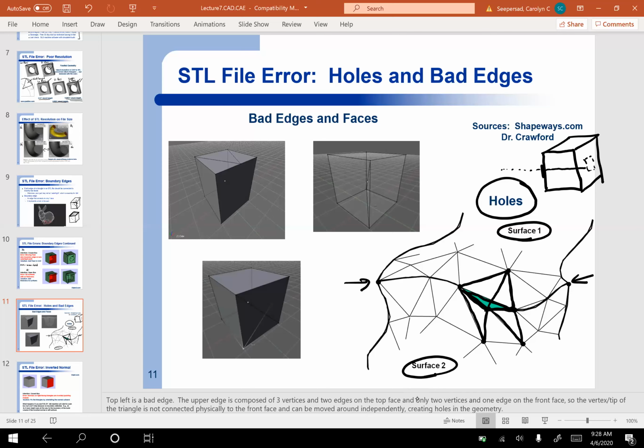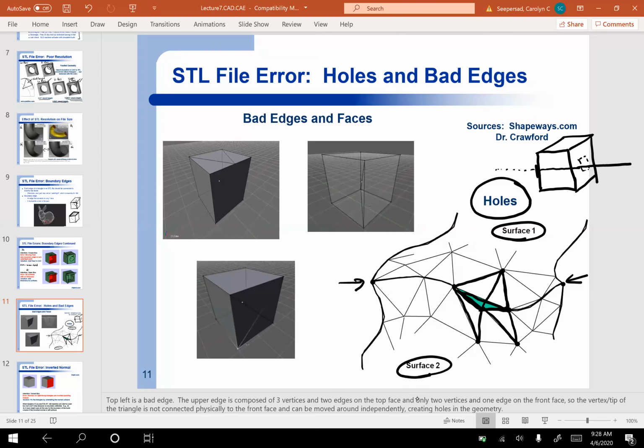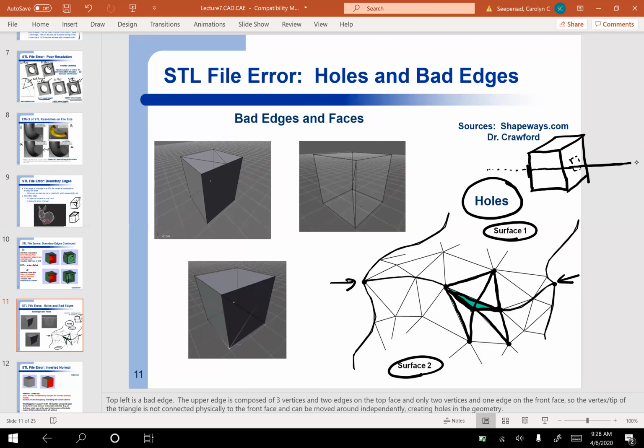Then it'll get here and it won't ever encounter a triangle or a surface that says stop building. So it'll continue building, like let's say it's an SLS machine, it'll just continue building off the side of the part and all the way to the end of the build chamber. And so that'll be a failed build because it won't obey the geometry that you really wanted it to build.